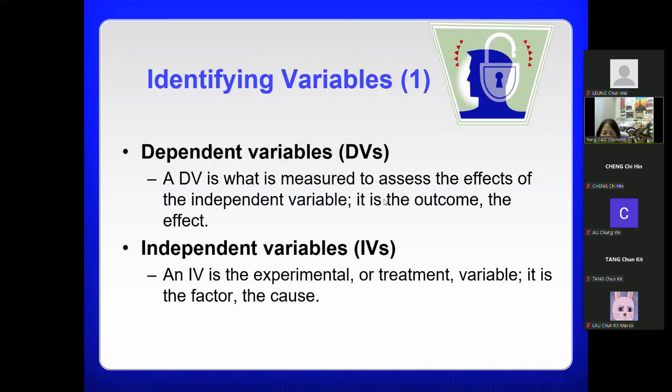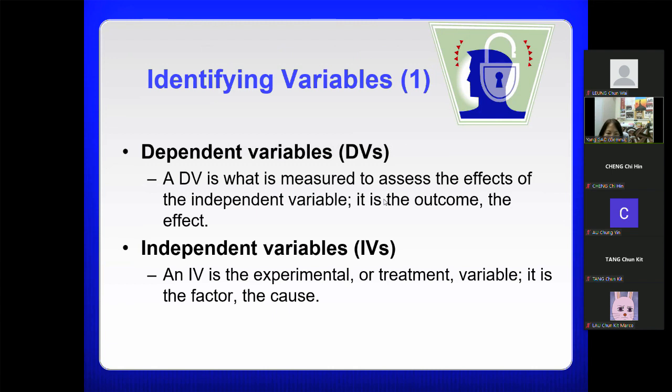As I mentioned earlier in this class, there are different types of variables. For a study, there are two key groups of variables. One is named the dependent variable, another the independent variable. Let's take a look one by one.